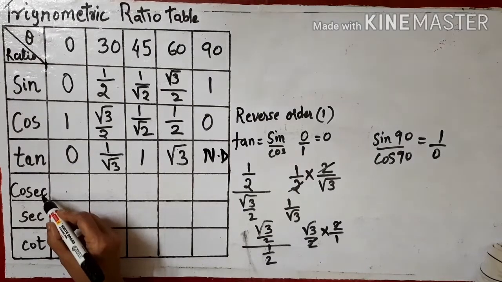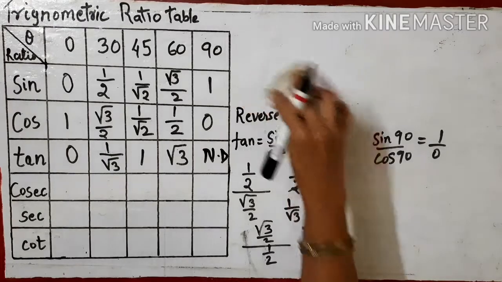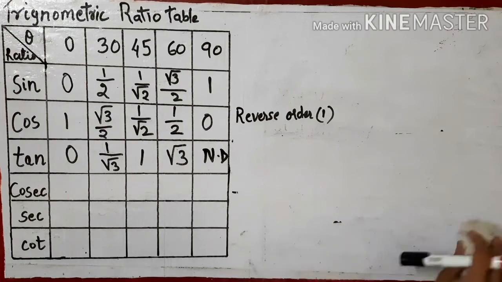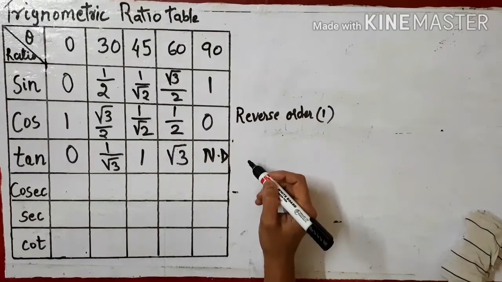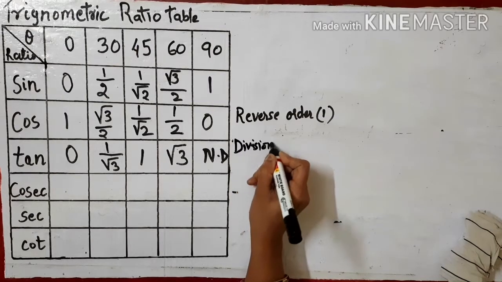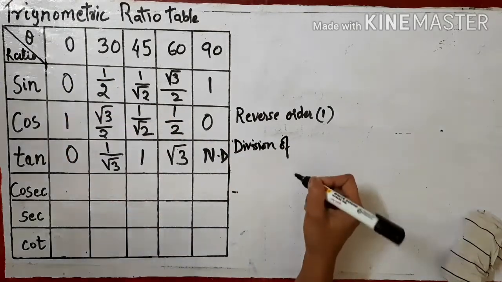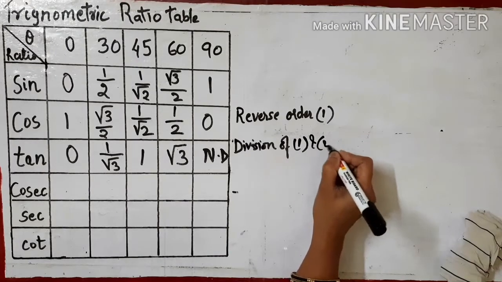Then cosec of 0. Here cos is the reverse order of the first line, and tan is the division of sine upon cos.